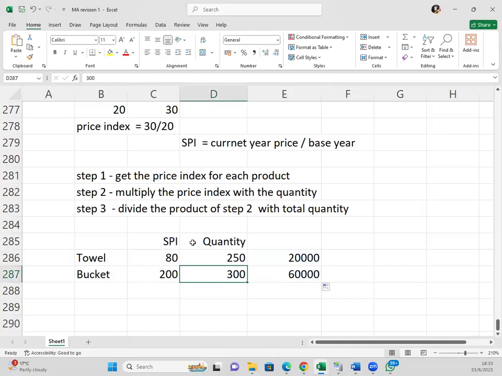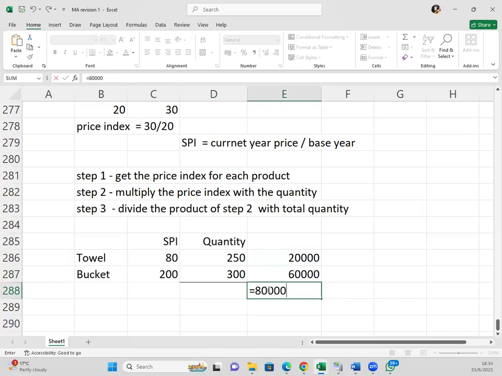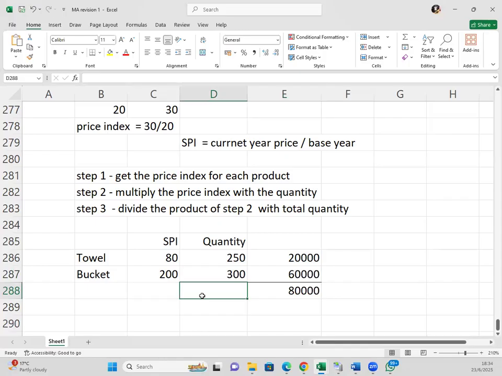Step 3 is the final step. For us to do the final step, you need the total for the quantity and you need the total for the product. So the total for the product is 80,000 and the total for the quantity is 550.